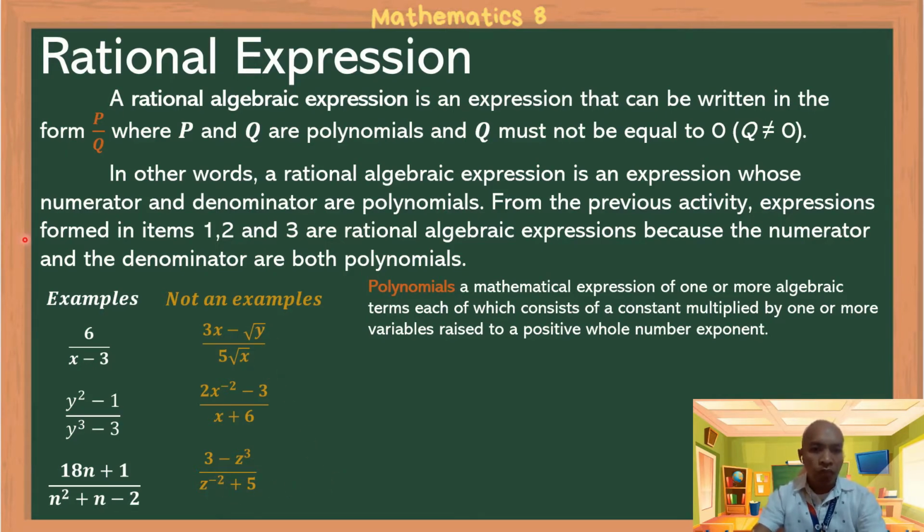As you can see, these expressions are no longer examples of rational algebraic expression because there are expressions in the numerator or denominator which are not raised to a positive whole number exponent. In this case, we have a negative exponent.